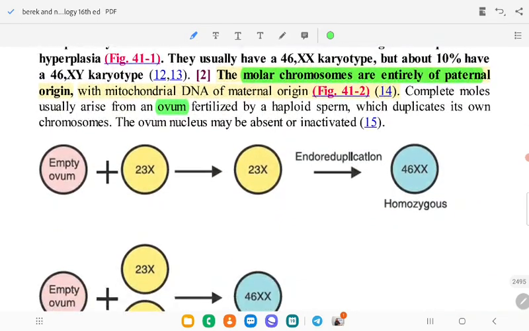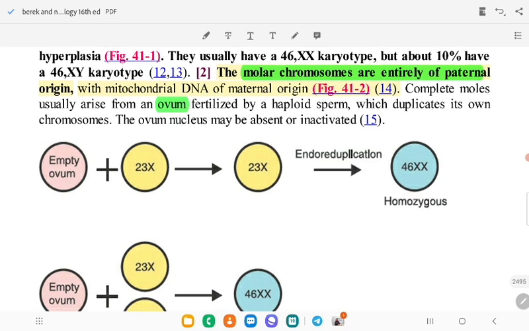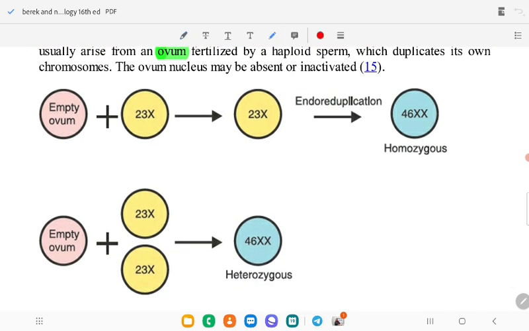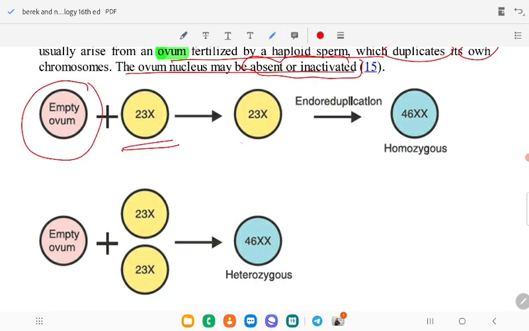The complete mole usually arises from an ovum fertilized by a haploid sperm, which duplicates its own chromosomes, and the ovum nucleus may be absent or inactivated. You can see the image. This is the empty ovum. This is 23X. After fertilization, endoreduplication occurs to give homozygous 46XX.